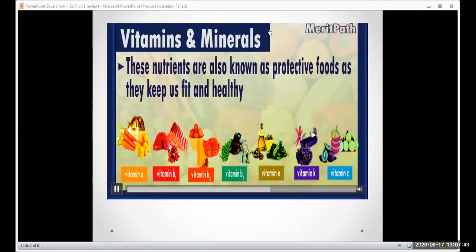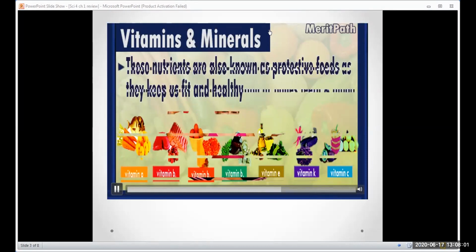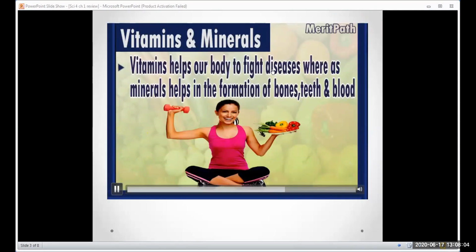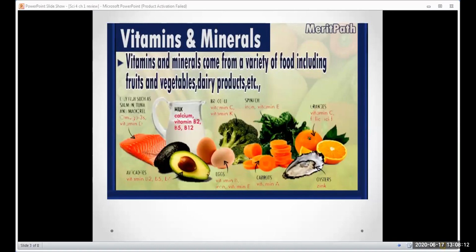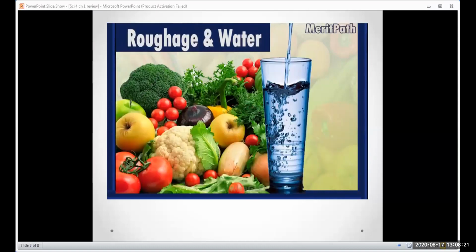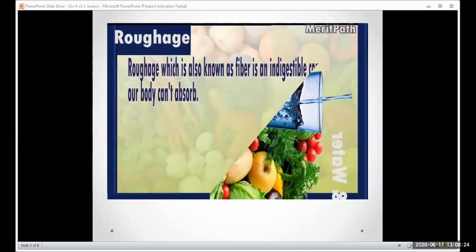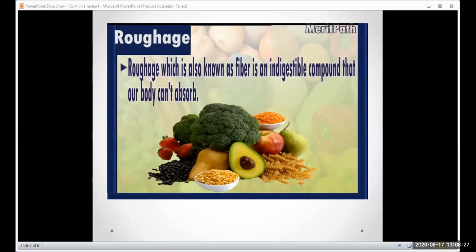Vitamins and minerals. These nutrients are also known as protective foods as they keep us fit and healthy. Vitamins help our body to fight diseases, whereas minerals help in the formation of bones, teeth, and blood. Vitamins and minerals come from a variety of foods, including fruits and vegetables, dairy products, etc. Roughage and water. Roughage, which is also known as fiber, is an indigestible compound that a body can't absorb.